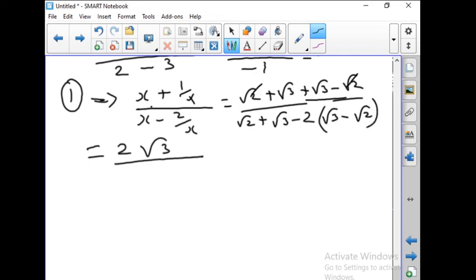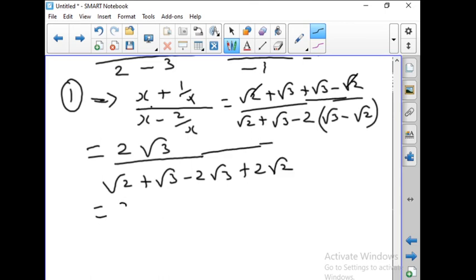Okay. So it is equal to root 2 plus root 3 minus 2 root 3 plus 2 root 2. So it is equal to 2 root 3 by, 2 root 2 plus 3 root 2 will give you 3 root 2 and root 3 minus 2 root 3 will give you minus root 3.